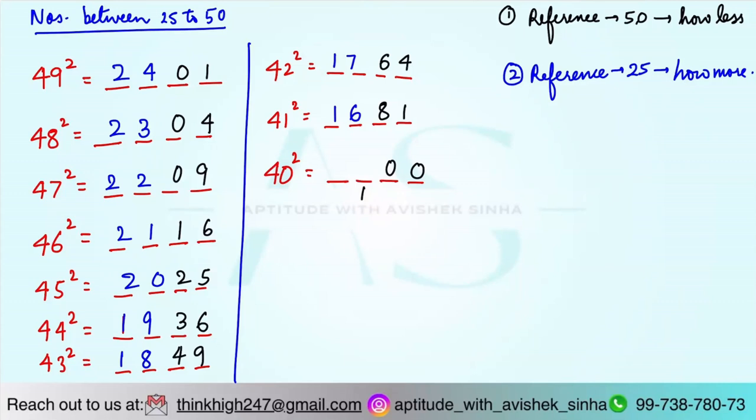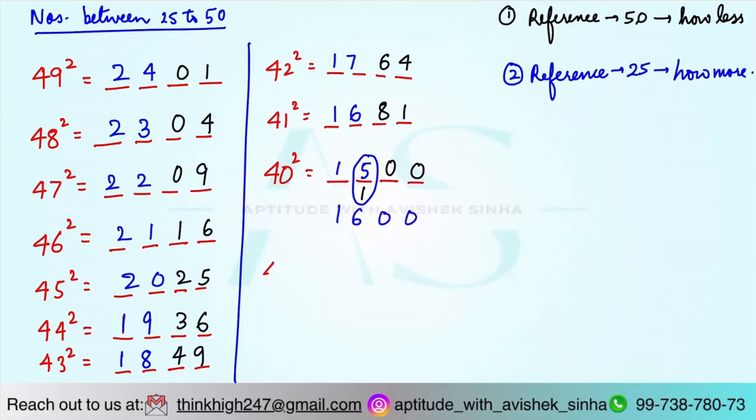Now, 40 is how much more than 25? 40 is 15 more. So you write here 15. Now this is actually 1600. I hope you are following this.